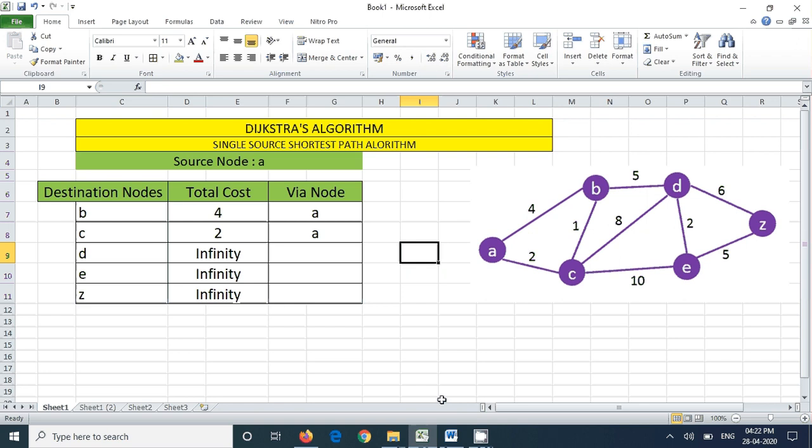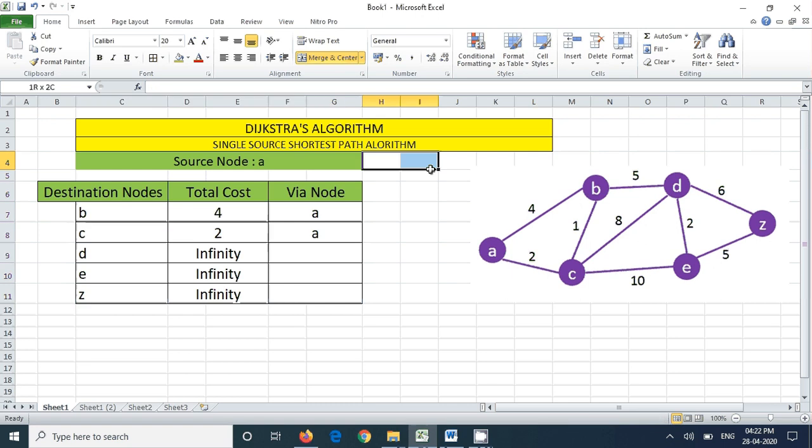Out of these nodes, Dijkstra's algorithm says you have to follow a greedy procedure. The greedy procedure is that whichever total cost is smaller, you select that one. So the values are 4, 2, infinity, infinity, infinity. Out of these 5 values, 2 is the smallest. You take it and fix it as an answer, because we are building part by part.